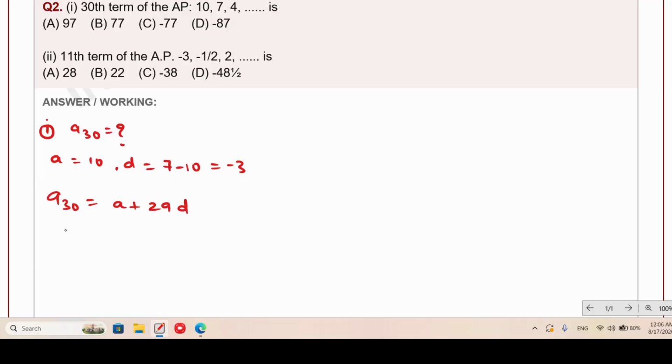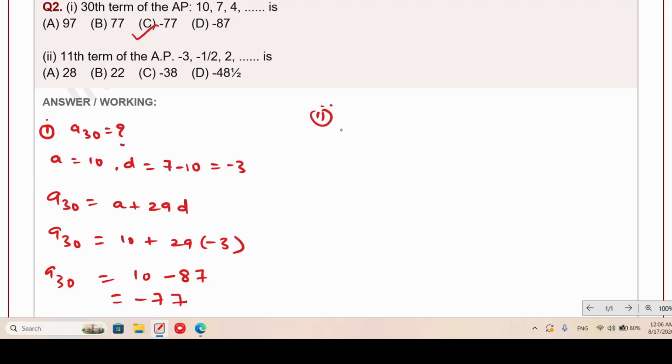So A30 is equal to 10 plus 29 into negative 3, which is 10 minus 87 is equal to negative 77. So C is your answer here.